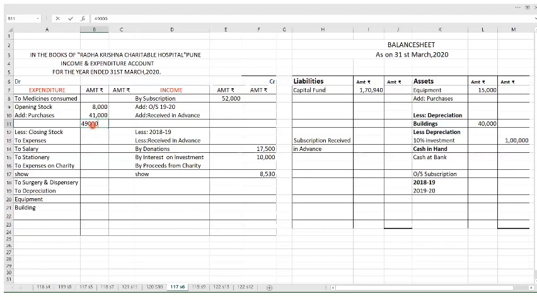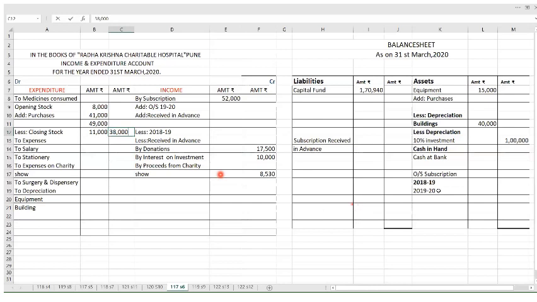After that, the closing stock is also given to you. The closing stock is 11,000. So we have to deduct that amount of the closing stock. So we're going to deduct less closing stock, 11,000, and we're going to put the amount in the outer column. It will appear as 38,000.